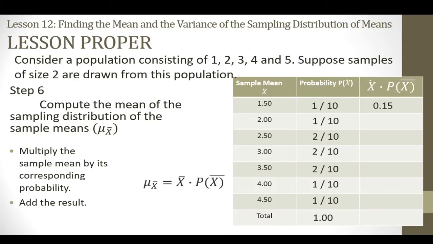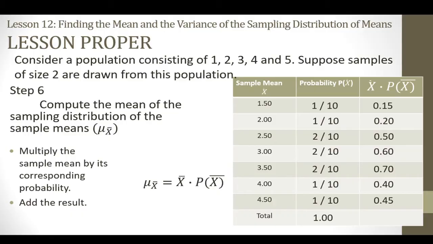Ayan, 0.15. 2 times 1 over 10, 0.2. 2.5 times 2 over 10, 0.5. 3 times 2 over 10, 0.6. 3.5 times 2 over 10, 0.7. 4 times 1 over 10, 0.4. 4.5 times 1 over 10 is 0.45.